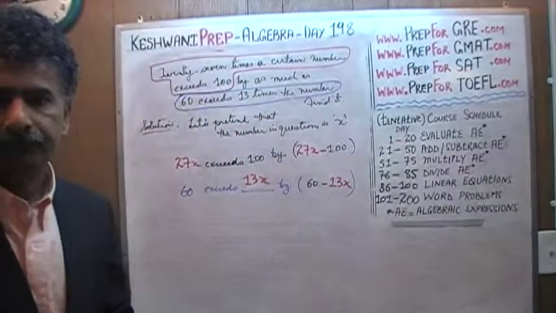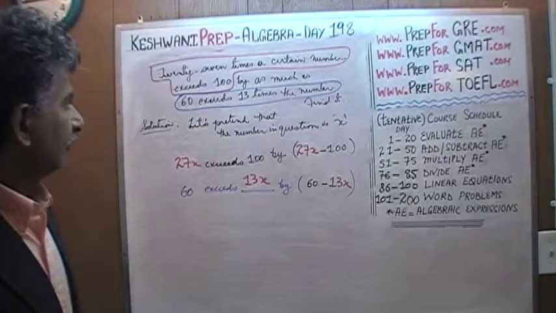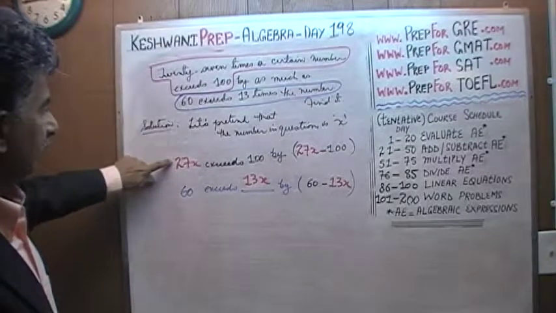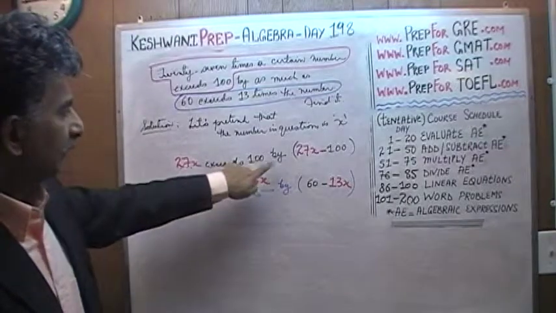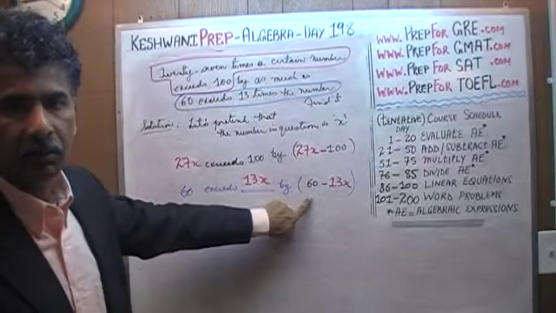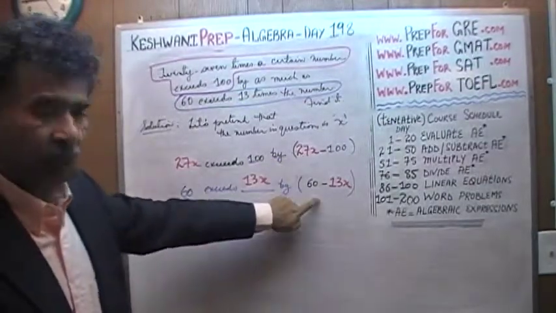Voila, that's it. The rest is simple. The question tells us that this quantity on the top that you see there in the red, 27 times the number exceeds 100 by whatever this amount is. The question tells us that this quantity equals that quantity. The rest is downhill. We just equate this quantity to this quantity and solve for x.